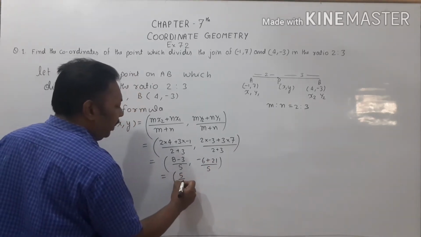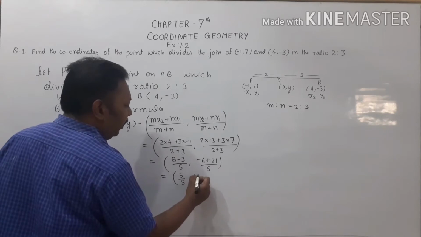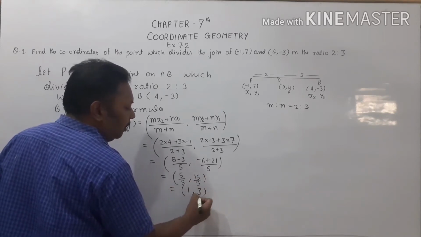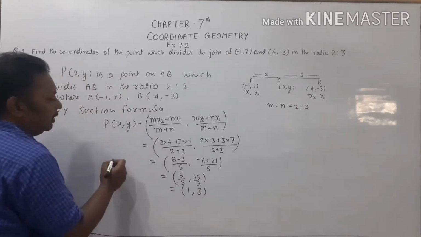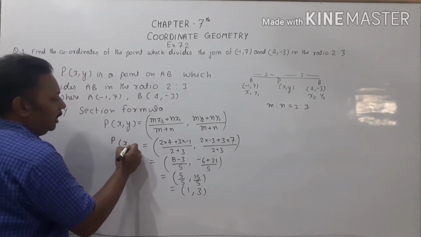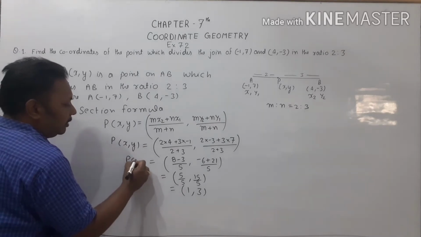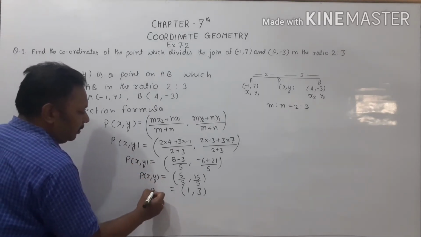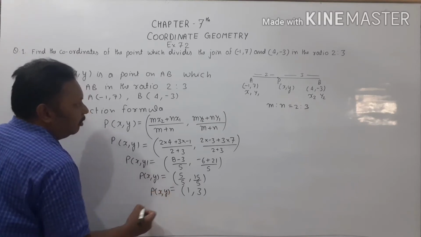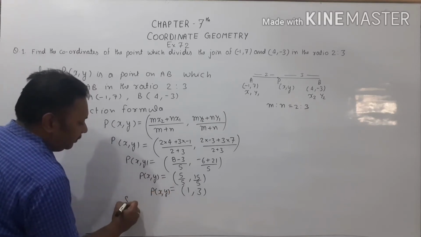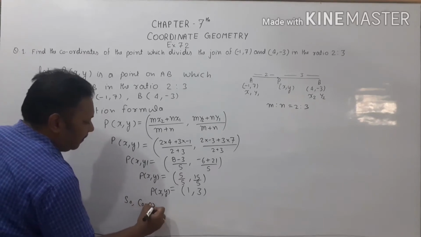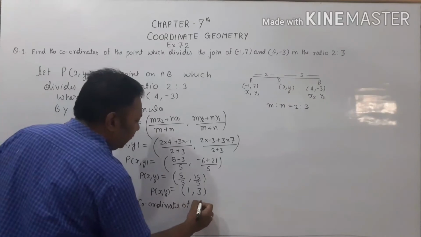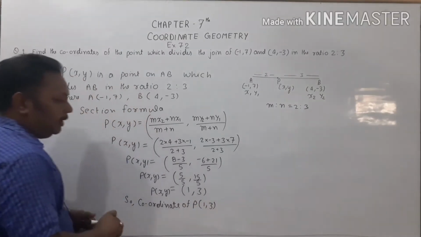So 5 upon 5, 15 upon 5, that is 1, 3. So at last the value of P(x, y) is 1, 3. So the coordinate of P is (1, 3).